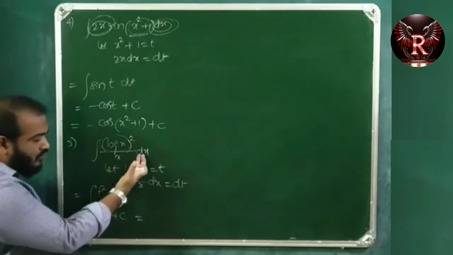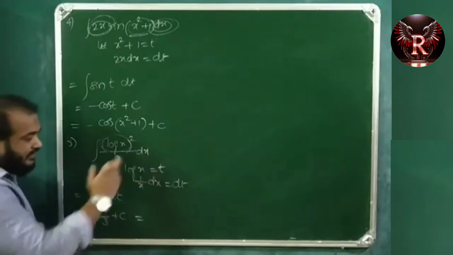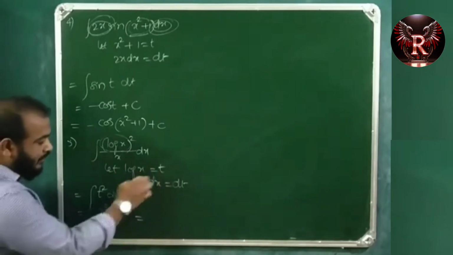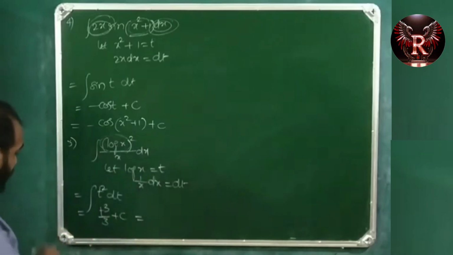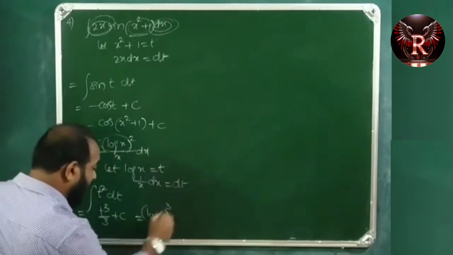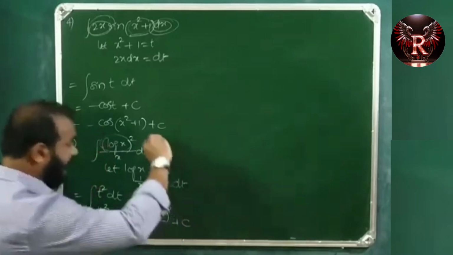The differential quotient is also in terms of x. Therefore we have to replace t by log x. So this is log x whole cube by 3 plus constant of integration c.